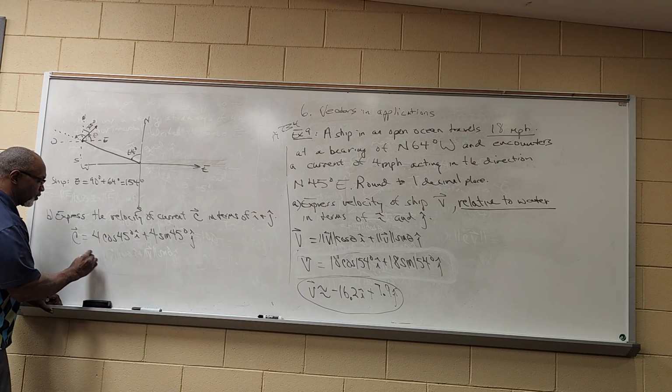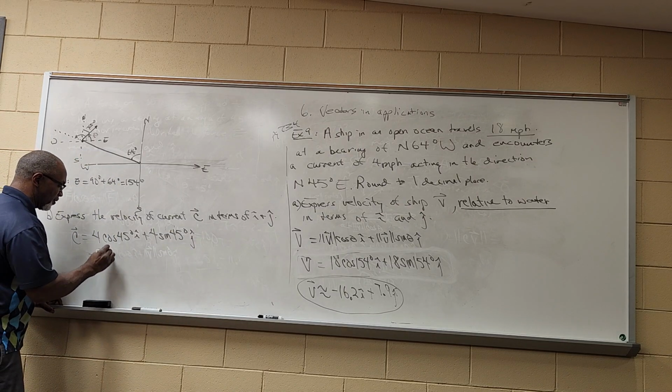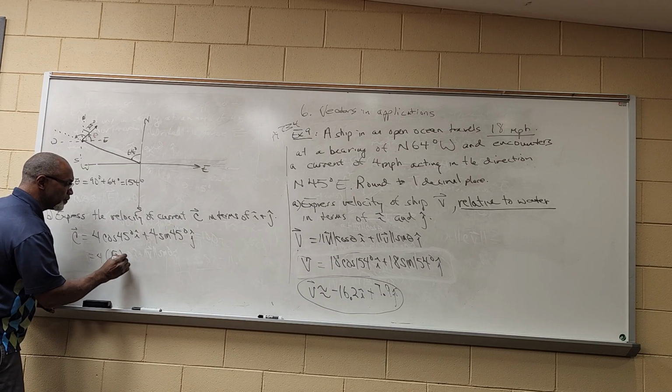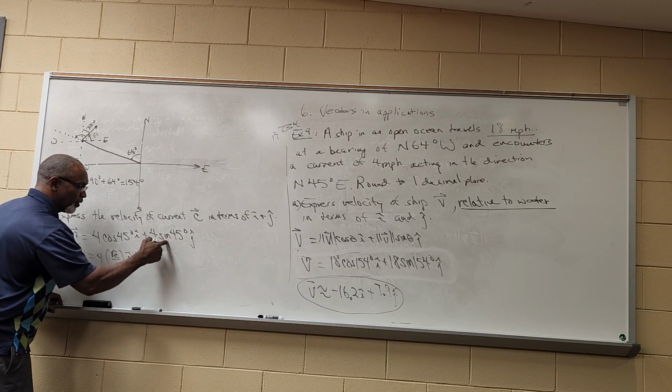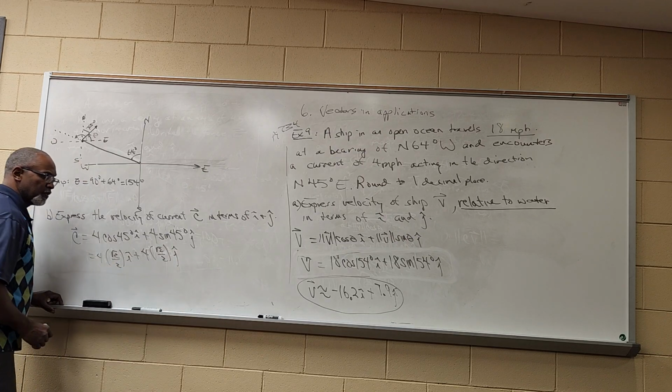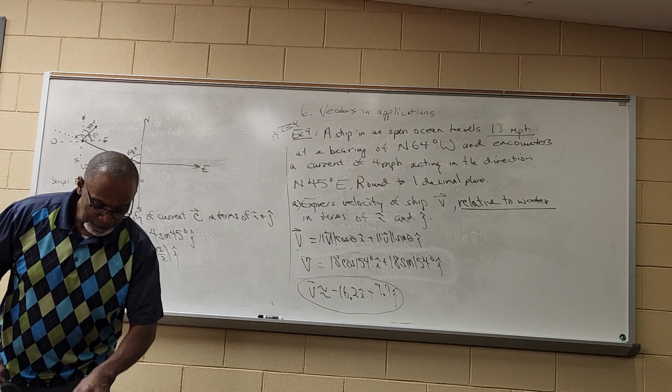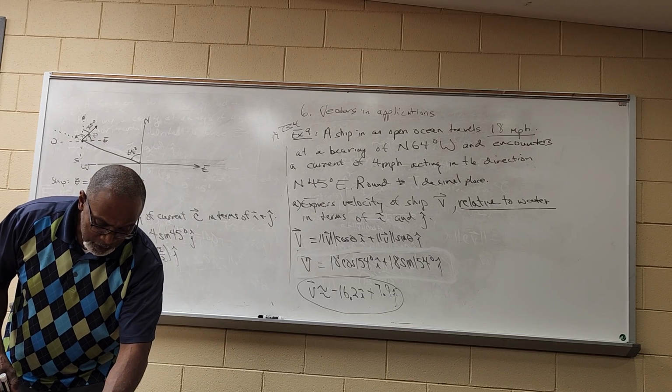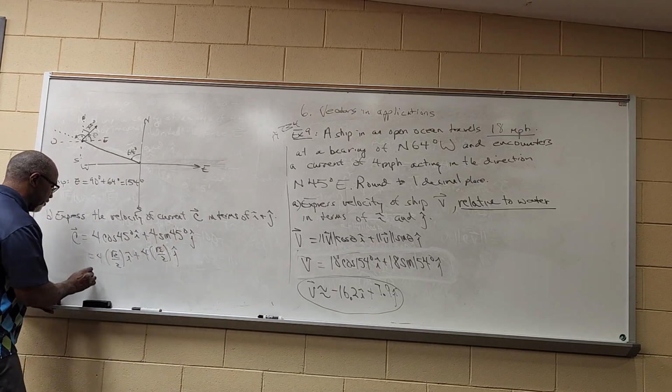I know what cosine of 45 degrees is, it's square root of 2 over 2. I know what the sine of 45 is, it's square root of 2 over 2, okay? And if you want to, you can take your calculator, 2.8i plus 2.8j.